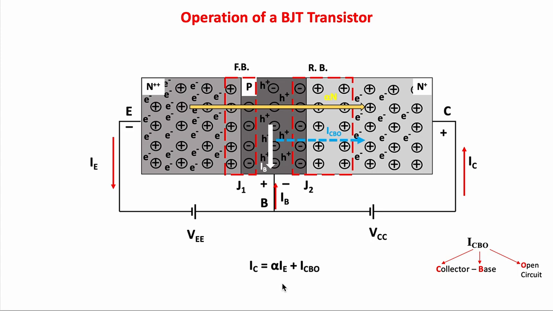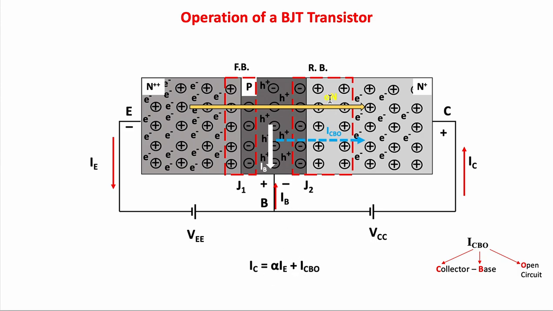From the collector current side, the electrons coming from junction 1 and junction 2 are alpha times N and ICBO. If we add them up, we get IC.